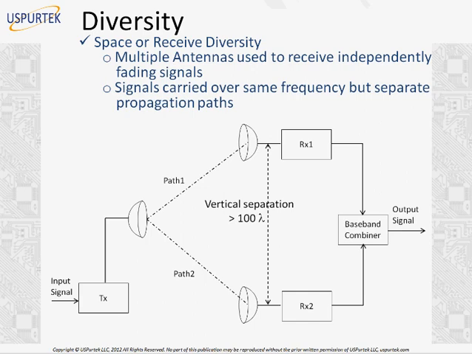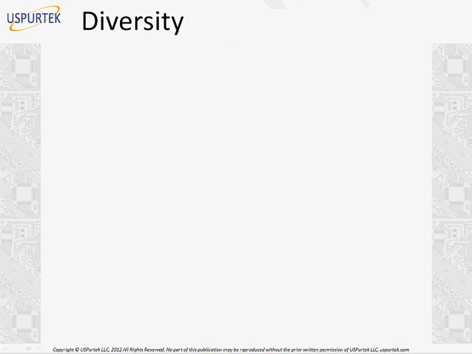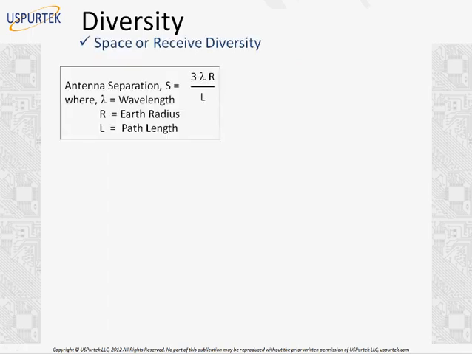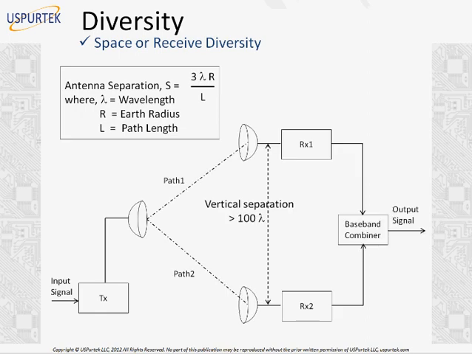So we could have multiple antennas on the receive side to exploit the independent fading of these signals. Remember, they are independently fading because they are following different paths. From the transmitter, we have only a single transmitter, but there's path 1 and path 2. And if we keep a separation between two receive antennas of more than about 100 wavelengths, it's possible to achieve spatial separation in this case.